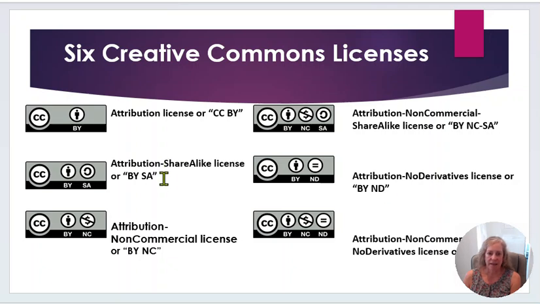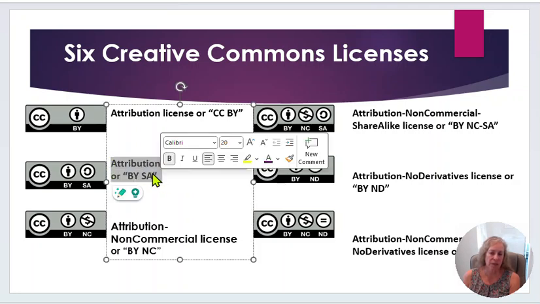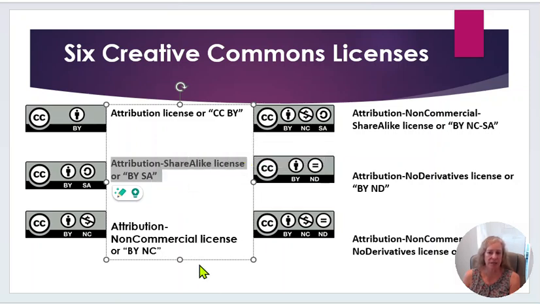And then the attribution share-alike license, which is BY SA, allows for any purpose as long as attribution is given and adaptations are shared under the same or compatible license. So I've used work with this attribution, and now it's 4.0, meaning international. It's just an updated one.